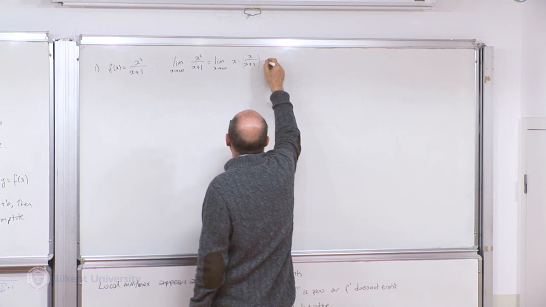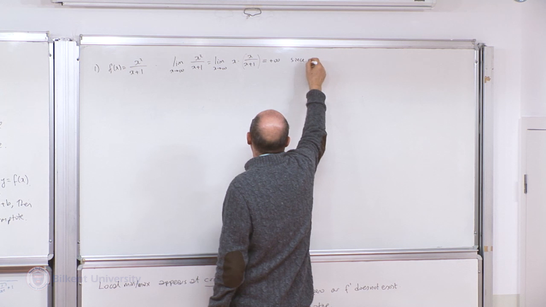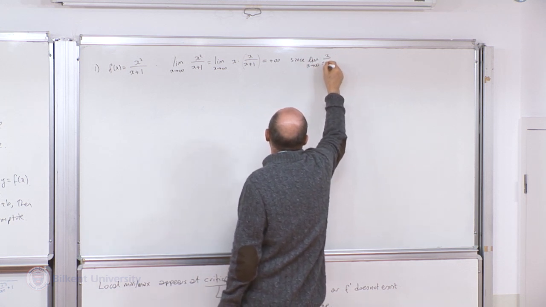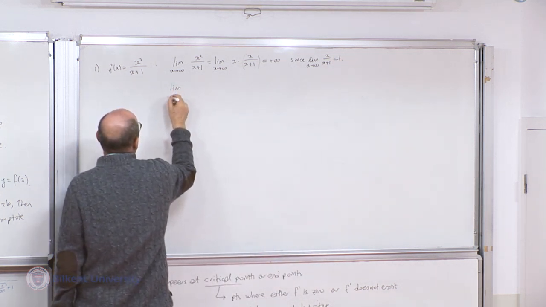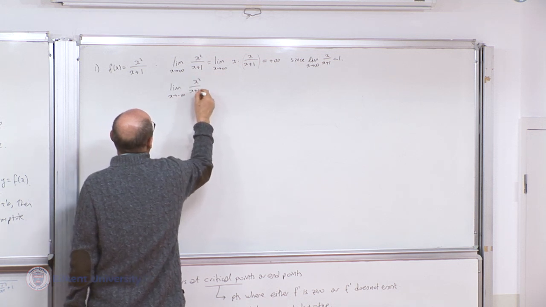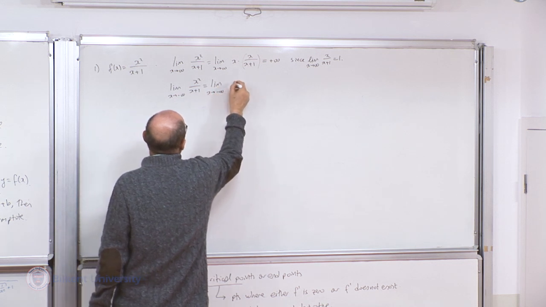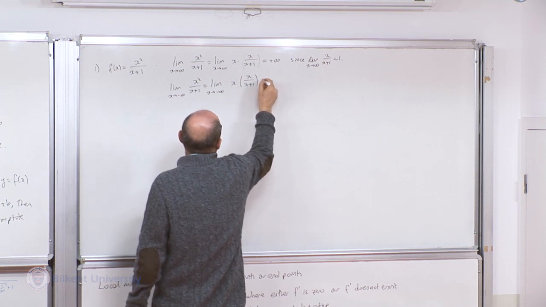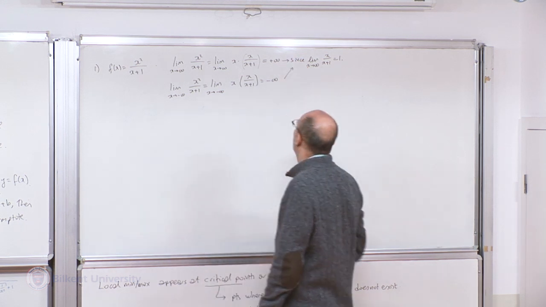So this is equal to plus infinite, since the limit as x goes to infinite of x over x plus 1 is 1. If we do this with minus infinite, the limit as x goes to minus infinity of x squared over x plus 1, which is x times x over x plus 1, is now minus infinite, again for the same reason.